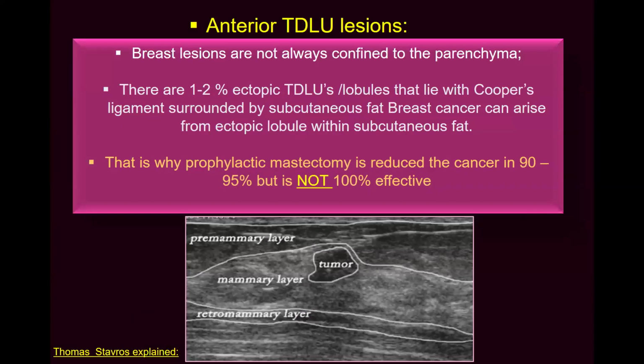Okay, so breast lesions are not always confined to the parenchyma. There are 1 to 2% ectopic TDLUs that lie within the Cooper ligament and are surrounded by subcutaneous breast fat. So cancer can arise from these ectopic lobules within the subcutaneous fat.